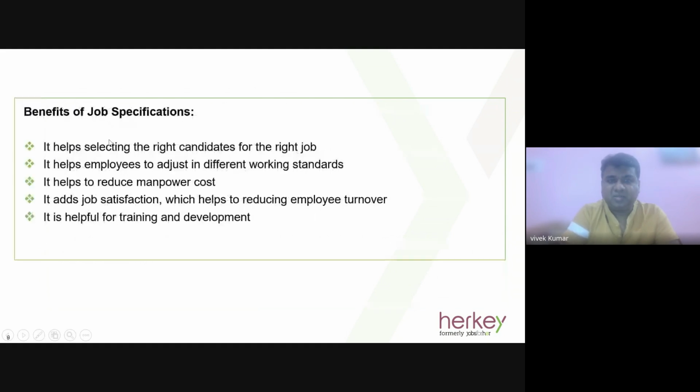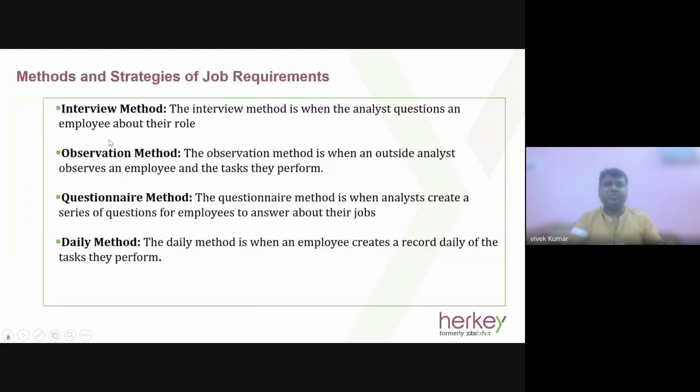So now, moving forward, I'll talk about different methods and strategies of coming up with the job requirements. No, this is not exactly the method.